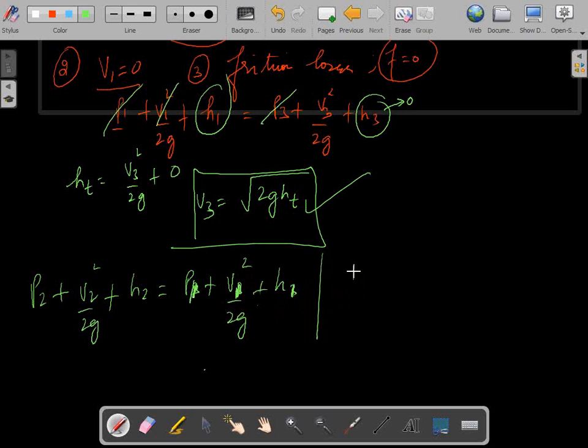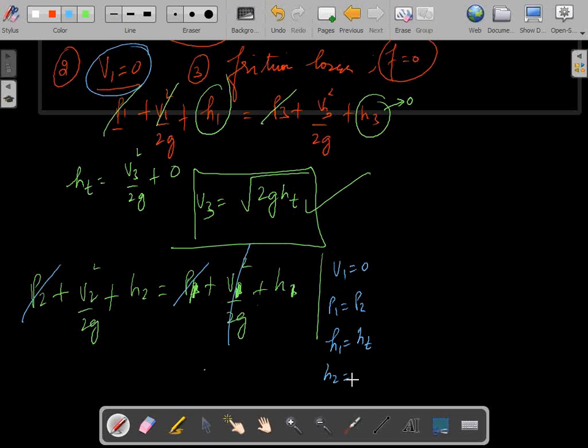The assumption over here is the same, that V1 is equal to 0, and P1 is equal to P2. So P1 and P2 get cancelled off. V1 is already 0, so it will no longer be existing. The value for H1 we know is HT.